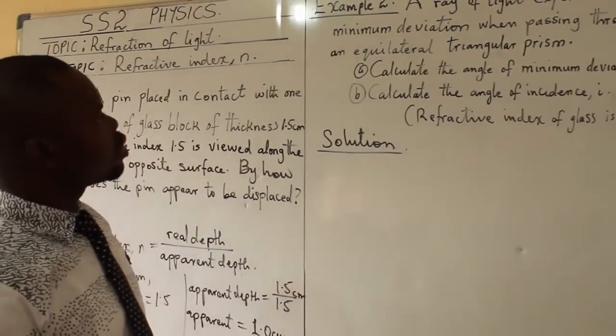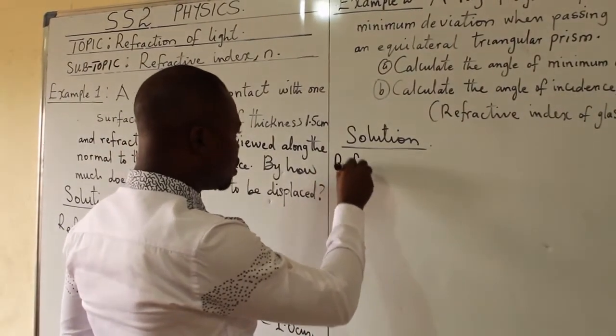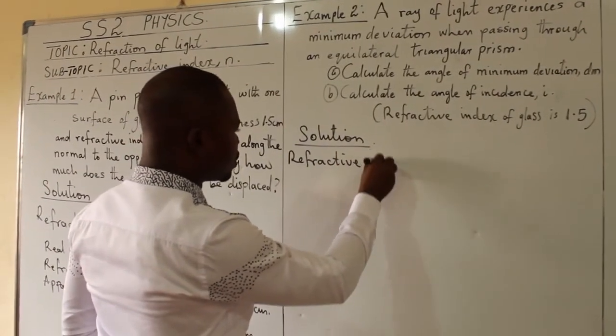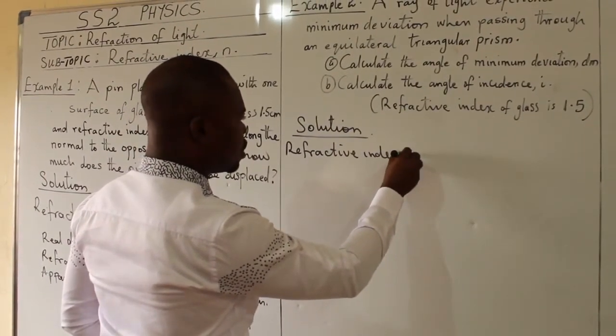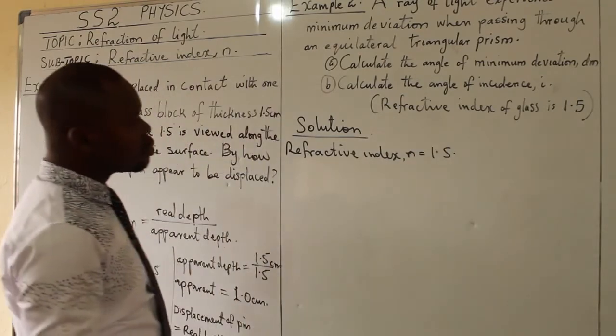Okay, let's list out whatever we are given. We have refractive index n equals 1.5.